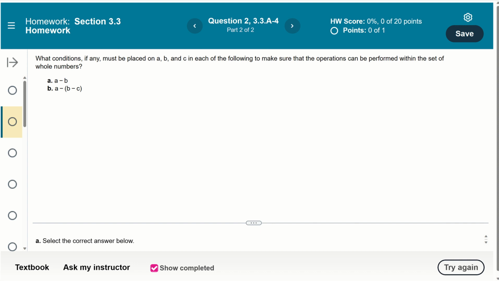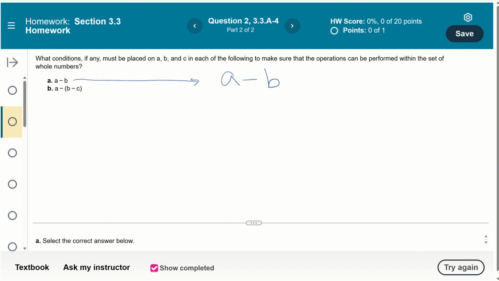Now that you've come back, hopefully after trying it on your own, notice that for the first part, for A minus B to remain a whole number, that means the answer has to be 0 or greater, right?